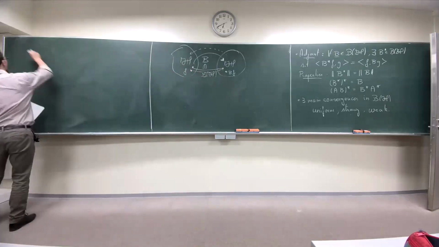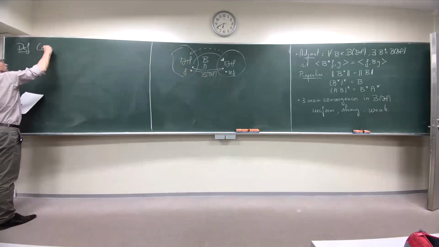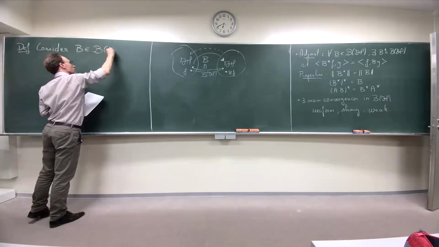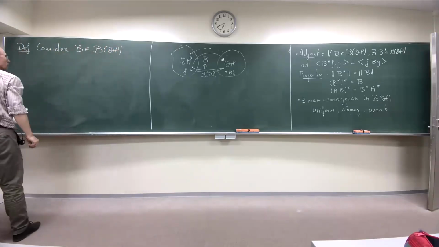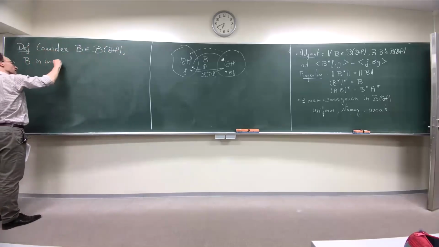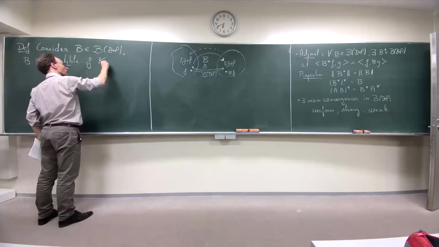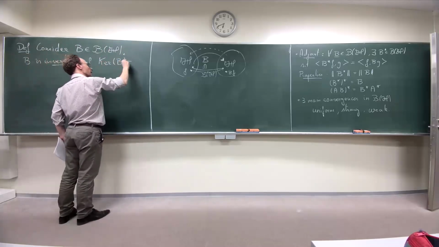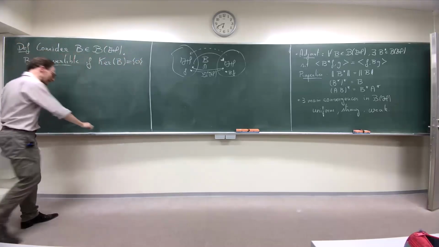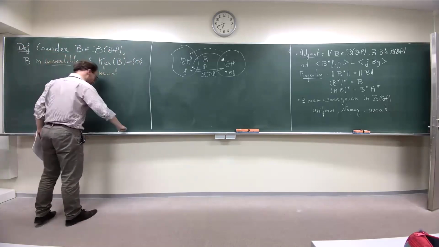So let me give a definition. Consider a bounded operator B in B(H). B is invertible, this is a definition, if, first I write it very shortly, if the kernel K of B is 0. But what does it mean? This K is for kernel. So I give a definition.